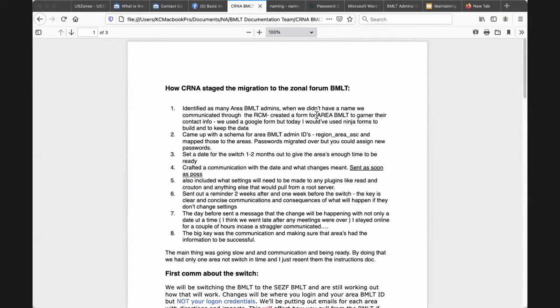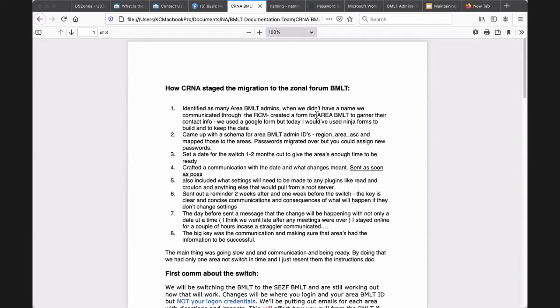And so when we were going to move into the zonal forum server, the question was, what if there are overlaps? What if there are two areas with the exact same name? What if one's in Alabama and one's in North Carolina? So how do you deal with that?